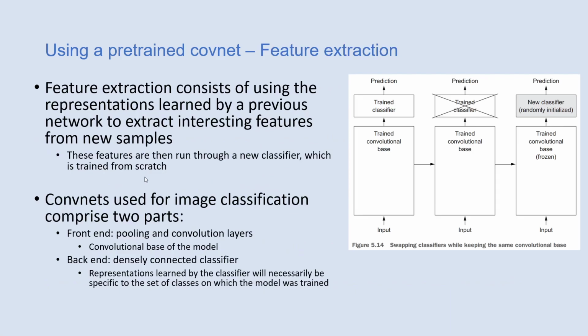Feature extraction consists of using the front-end layers from previously trained networks. Here's an example where we have a network that is already trained, like the one that we're loading in the third example. We just remove the classifier, where you expect to see dense, fully connected layers, and in here you expect to see the trio of convolution, max pooling, and ReLU.